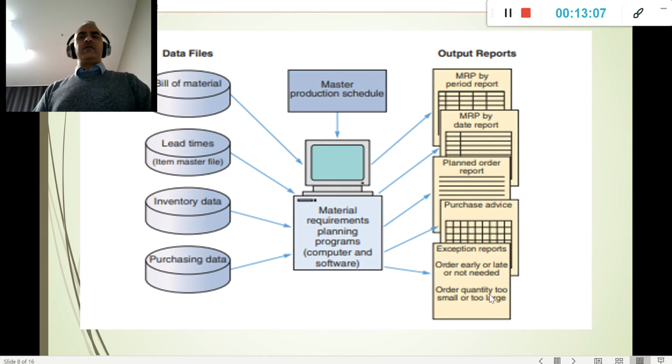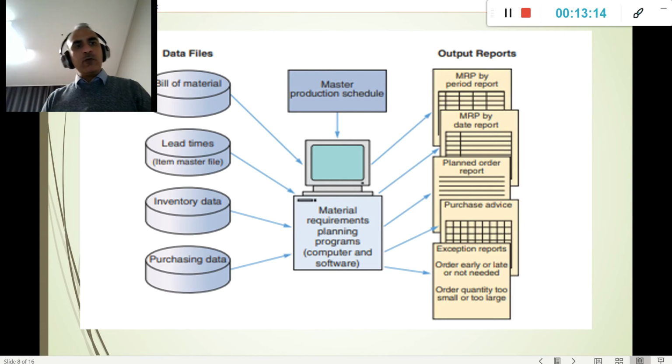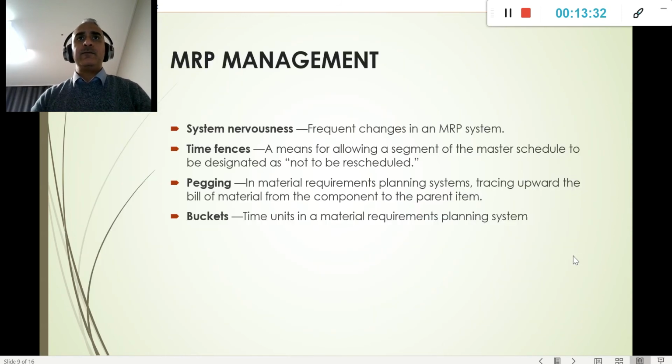The reports are very critical because by the end of the production time, we will assess whether our productivity was on time, was correct, whether we don't have any excess of materials, etc. So those output reports are very, very important because they will measure our production effectiveness.